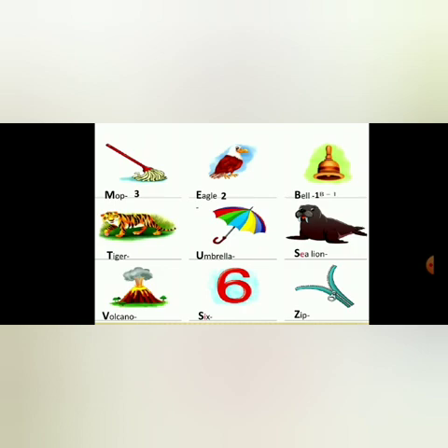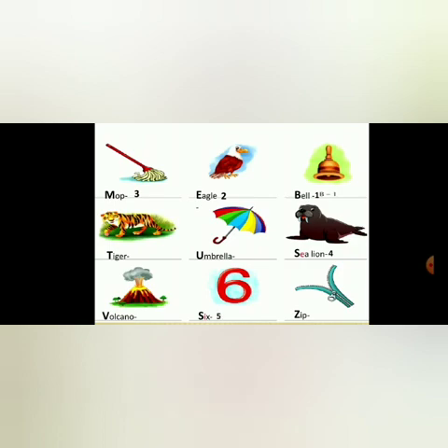In the alphabet, which will come first, E or I? E. So we will put number 4 in front of sea lion and we will put number 5 in front of 6.